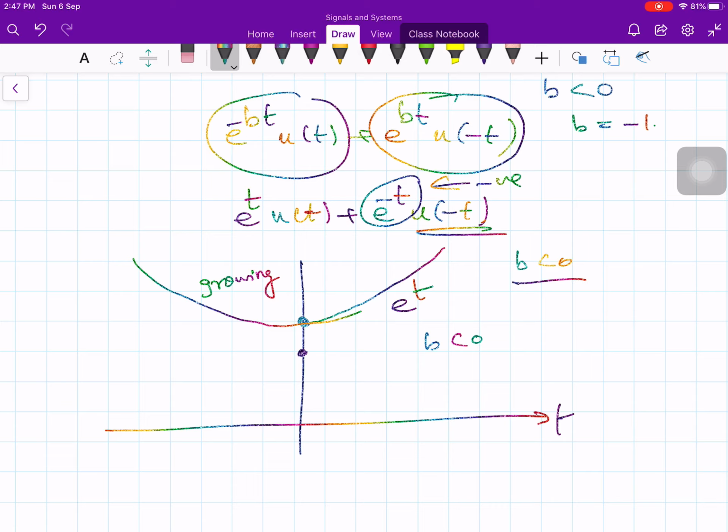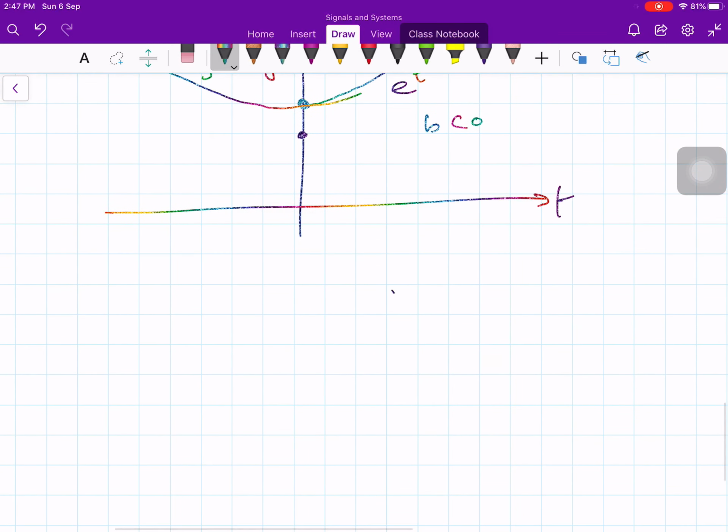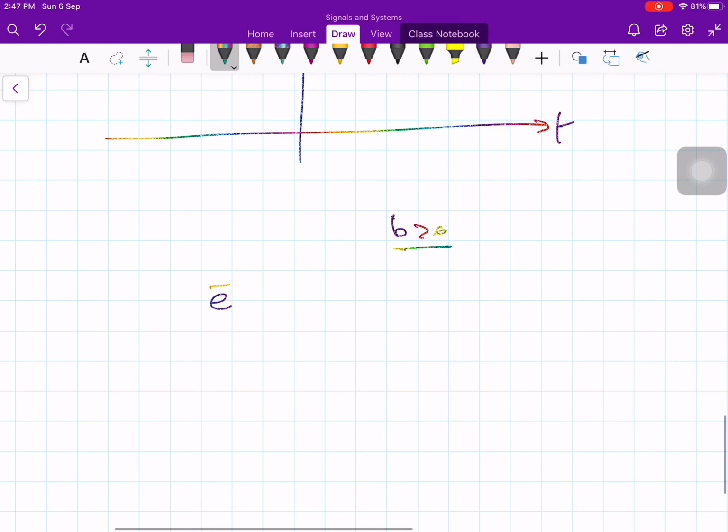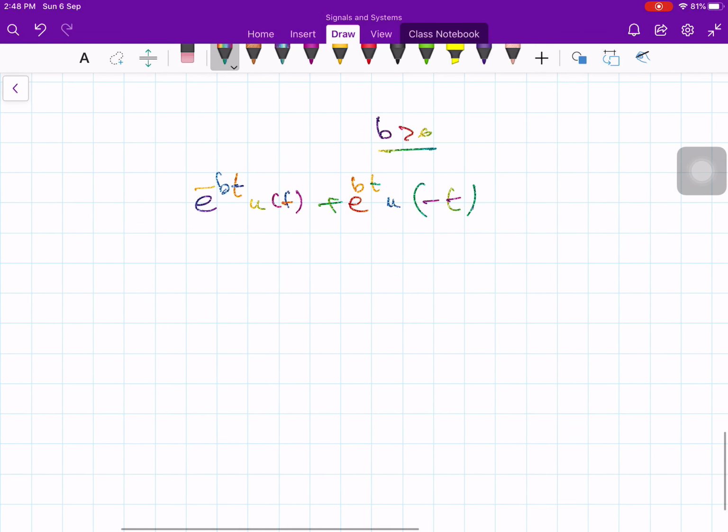Okay, but if b is greater than 0, then what will happen? Then it's very simple. You have e to the minus bt u of t plus e to the bt u of minus t. That means this is your x of t.